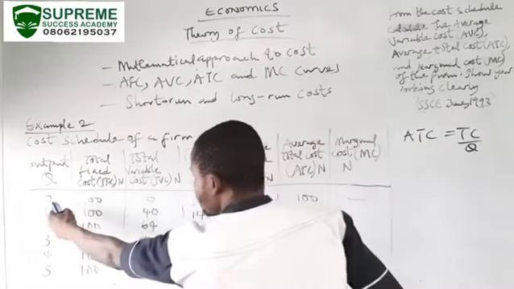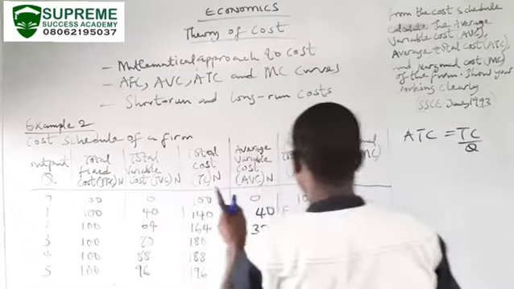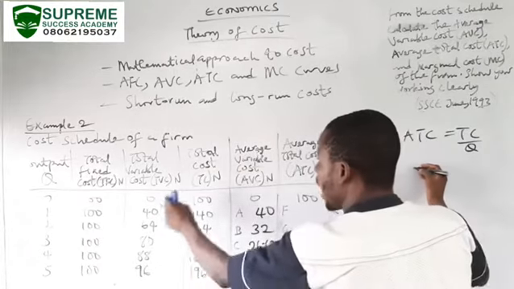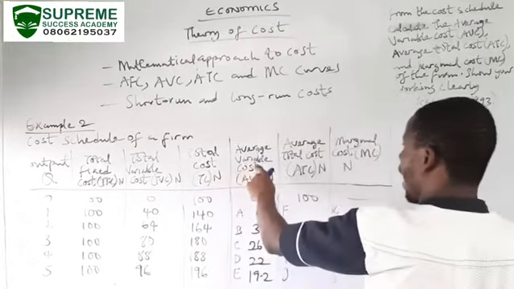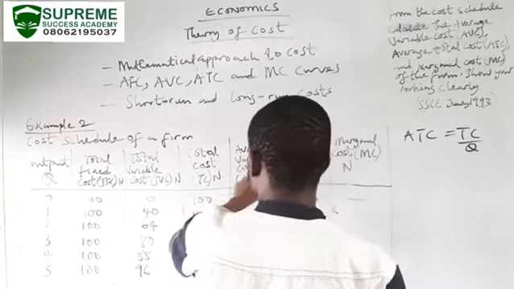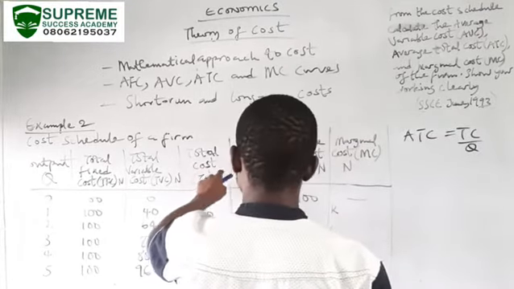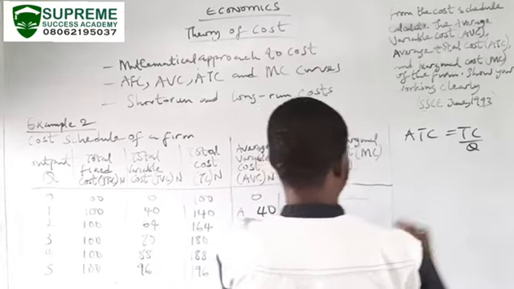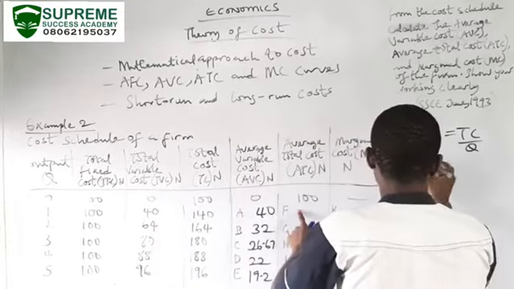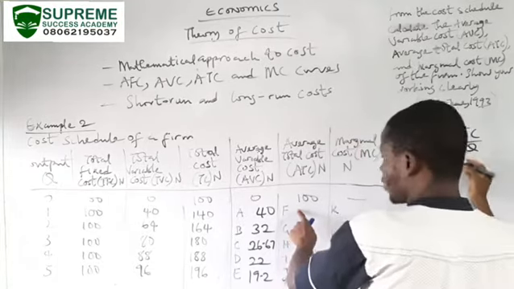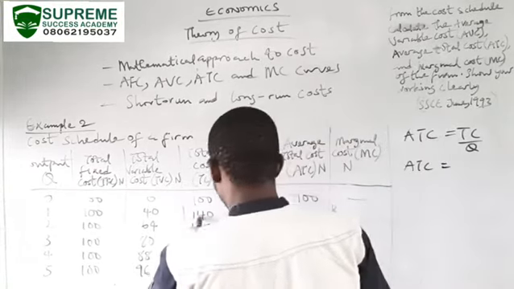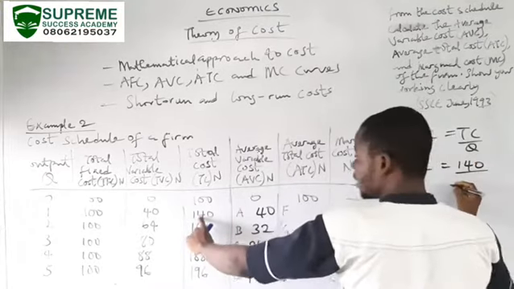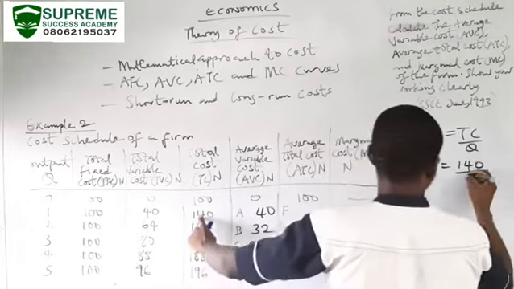For output 1, when 1 unit was produced, the average total cost ATC equals total cost, 140, divided by the output, 1.